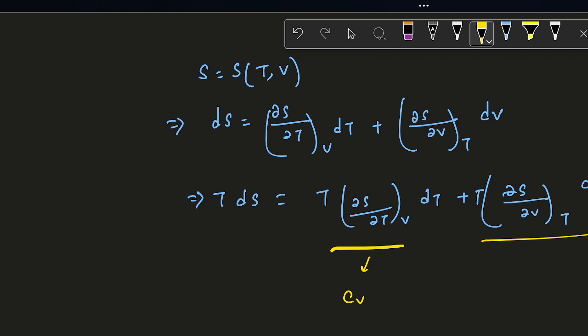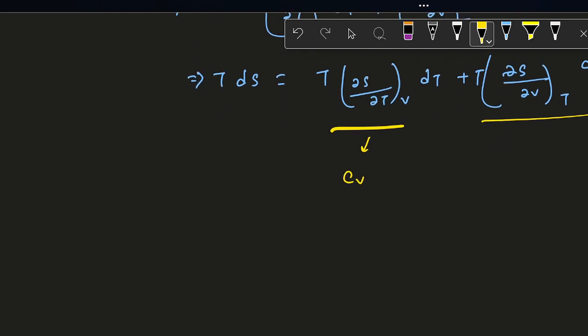So this second part becomes 0. And in that case, dU is just Cv dT, because Cv is your specific heat or heat capacity at constant volume. So if your volume is given as constant in your problem, dV becomes 0, and the heat capacity at constant volume becomes just del U del T at V constant. So then obviously dU becomes Cv dT.